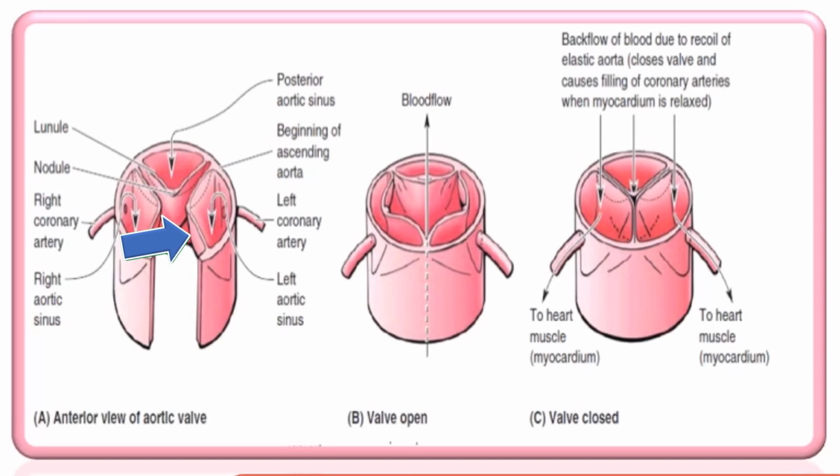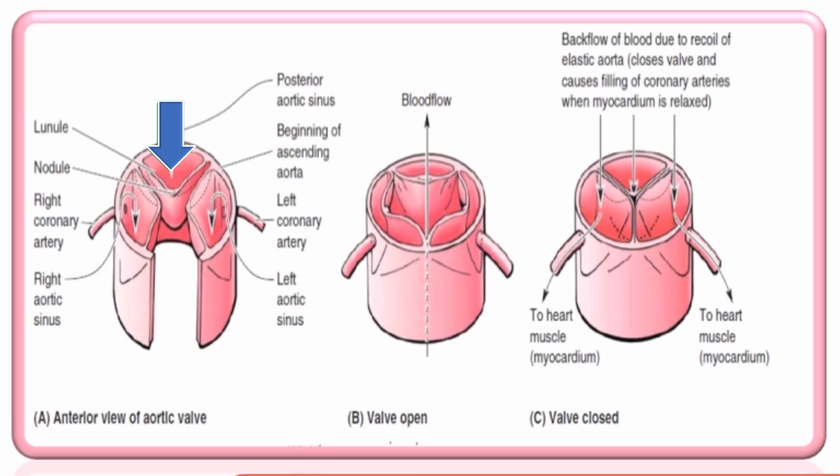Now, between the semilunar cusps and the wall of the ascending aorta are pocket-like sinuses. These are named the right, the left, and the posterior. These are the sinuses in the valves.